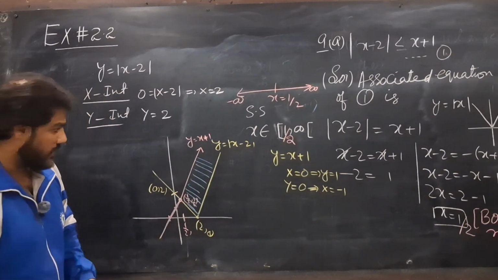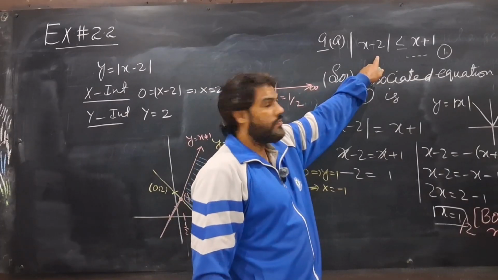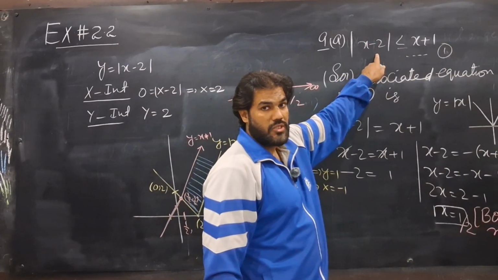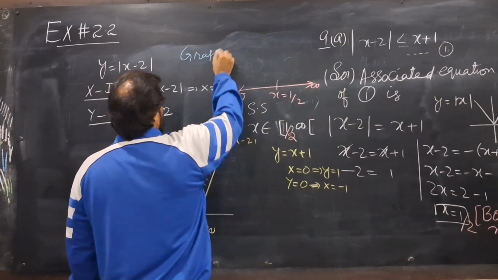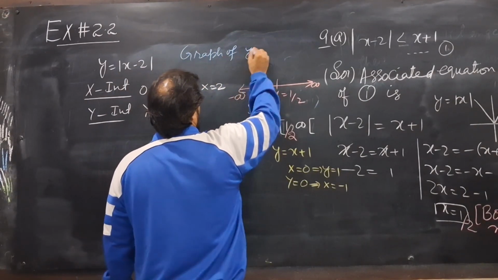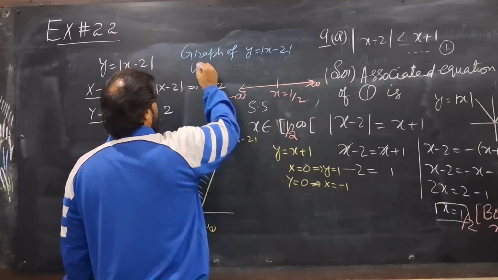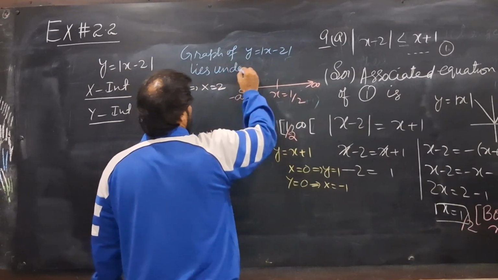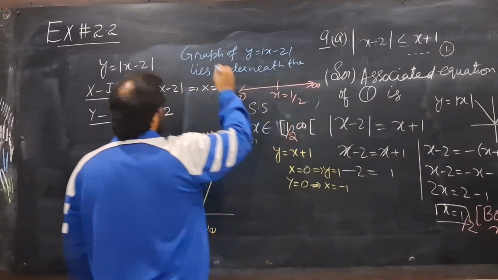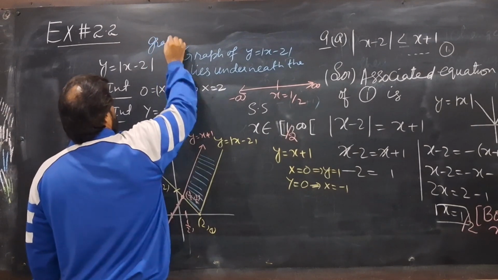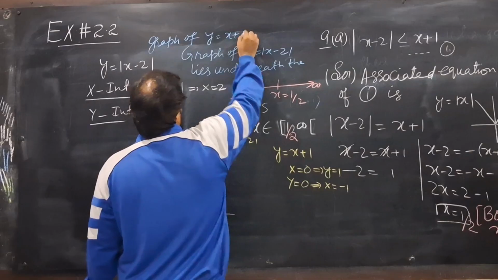From the graph you can see that geometrically this inequality shows the graph of y is equal to |x minus 2| lies underneath the graph of y is equal to |x plus 1|.